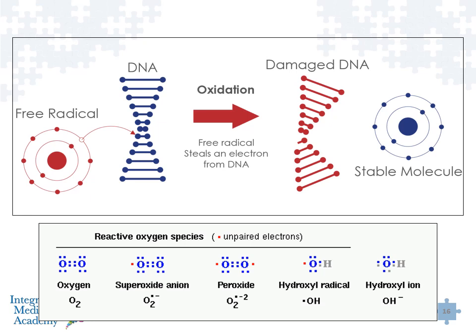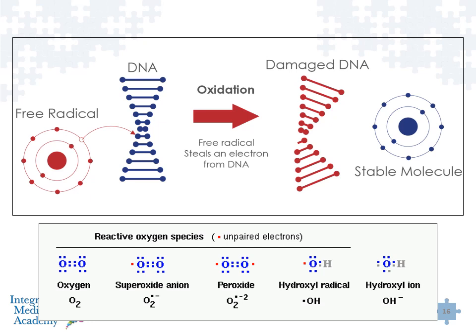Another interesting way of looking at this, because I think it's important to have at least some visual of what is called a free radical and how some of these things might damage DNA or proteins or other cellular structures. We can certainly do it with reactive oxygen species where there's an unpaired electron. But if we take a common free radical, the outer shell would have an unpaired space, where there's a missing electron.